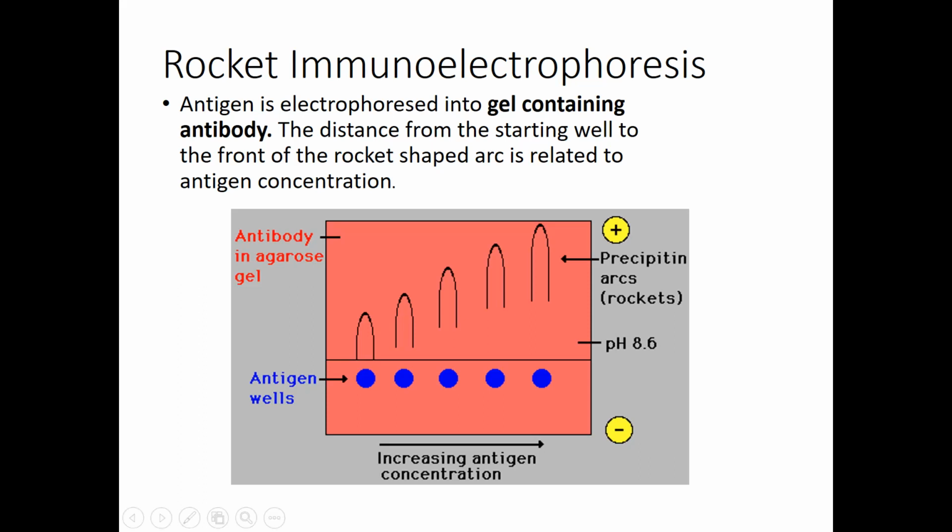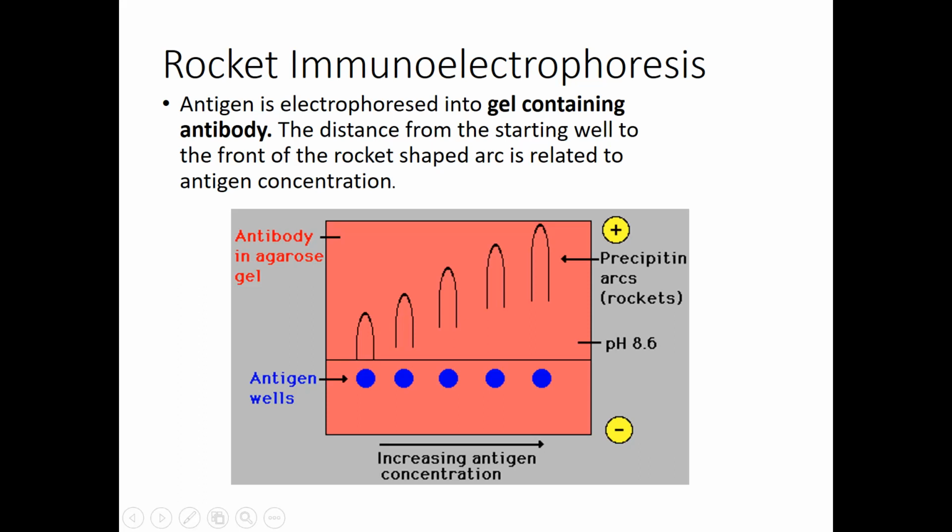The further it moves, it means there's more antigen concentration. If you never saw an arc at all, then the antigen doesn't match the antibody. If you see an arc that stays very, very close to the point of inoculation, this is a low one. This one moved very far away, so there was lots of antigen.